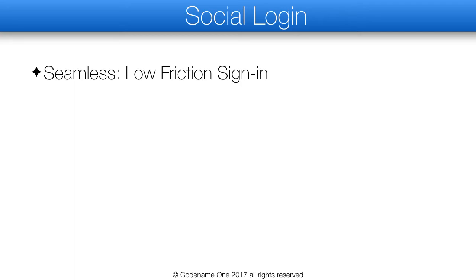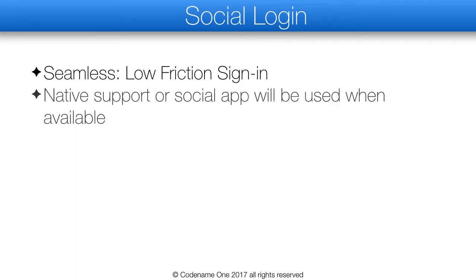This is defined as a low-friction approach to authenticate the user and is often superior to phone number activation. In Codename One, this is pretty trivial to accomplish, especially for Google and Facebook login, both of which are built into Codename One and to Android/iOS respectively.